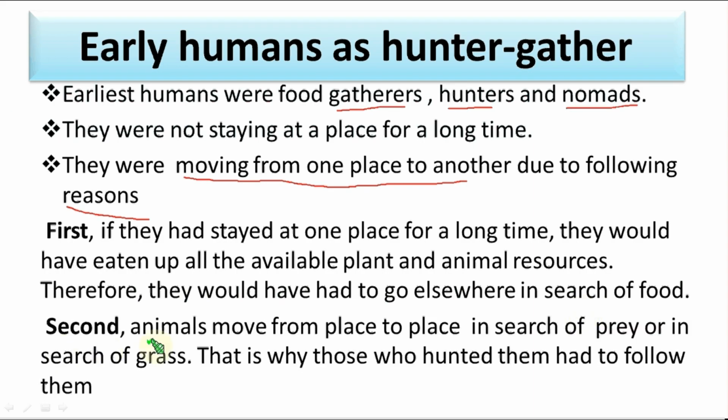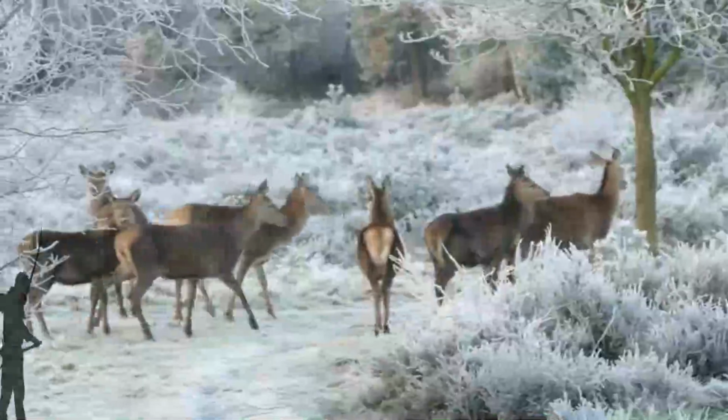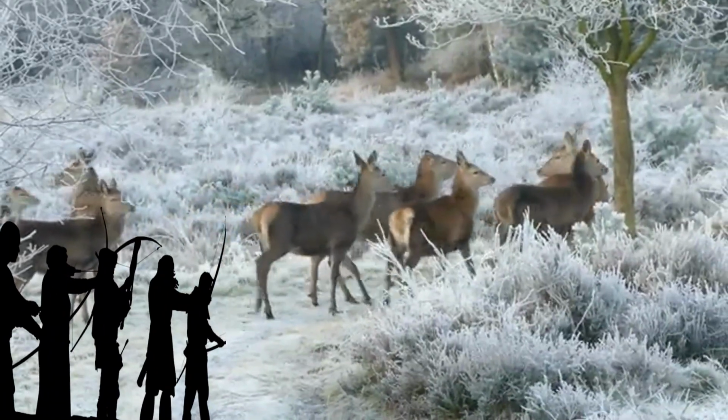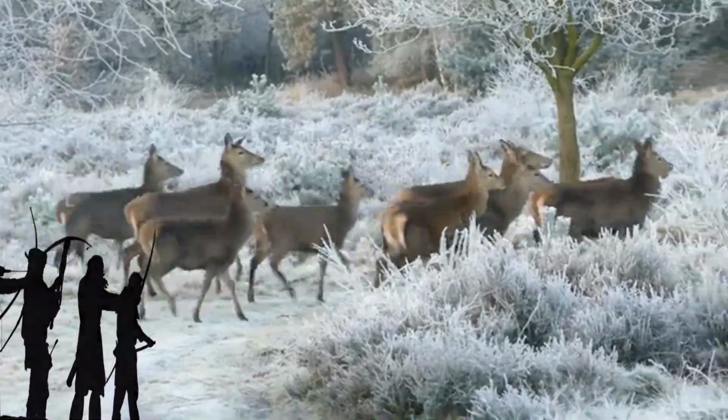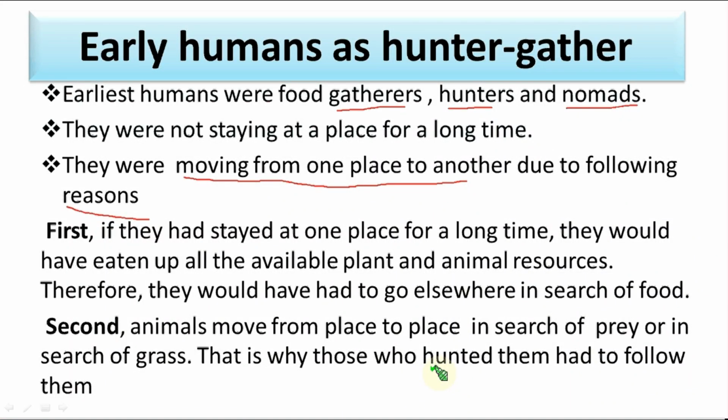The second reason was that animals move from place to place in search of prey or in search of grass. That is why those who hunted them, meaning those who were killing these animals, and at that time early humans were killing them, had to follow them wherever the animals were going.